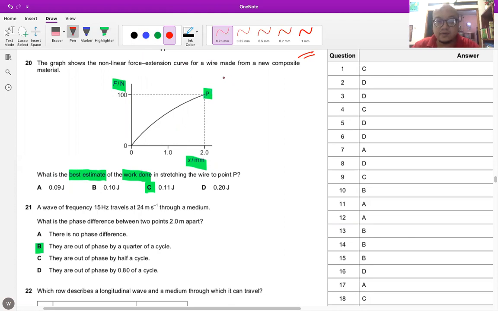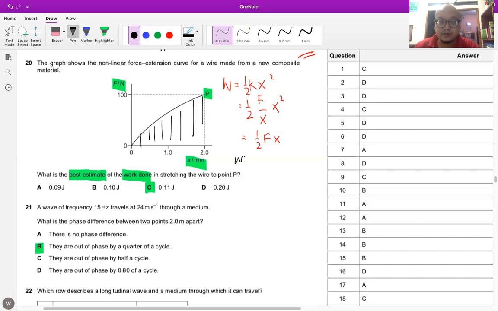Work done is a half k x squared. Here k is F over x, times x squared, so this is like a half F x. This is something with the area of this.